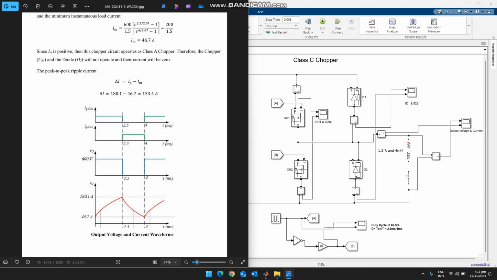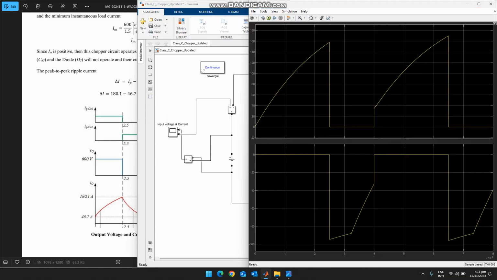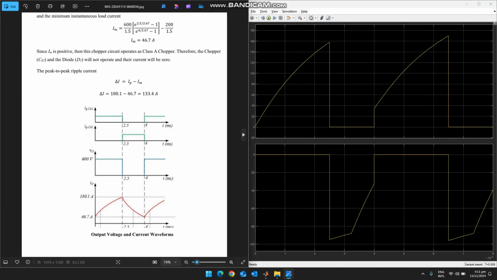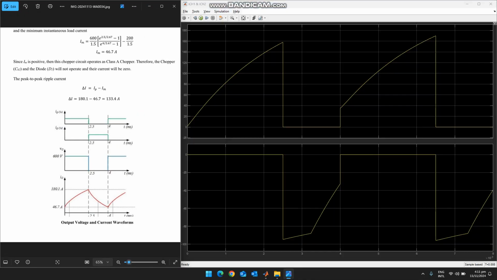Now this is ISH1. Let's see ISH1 here. You can see there is a bit of difference, because these are the ideal conditions and these are the real simulated conditions. In real time, it cannot go at once to its maximum value. It will take some time to reach its value, because there is an inductor as well.